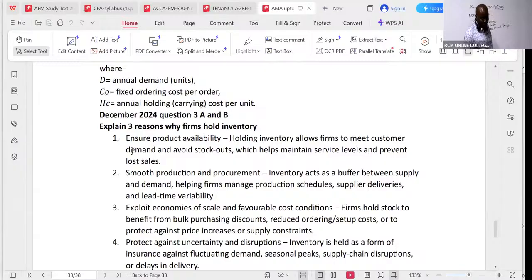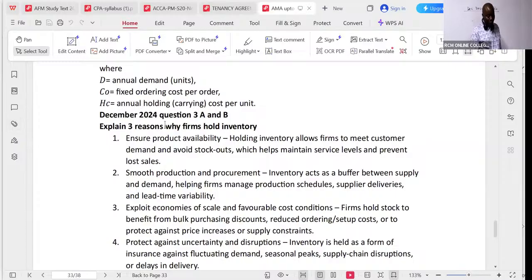December 2024, question number 3A and B, of which we shall start with the A as you struggle to get this question.